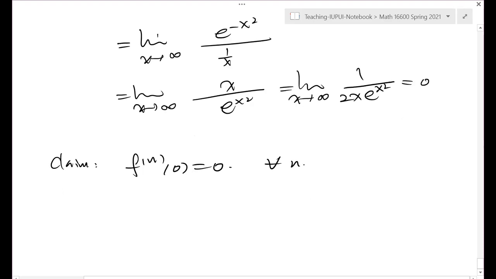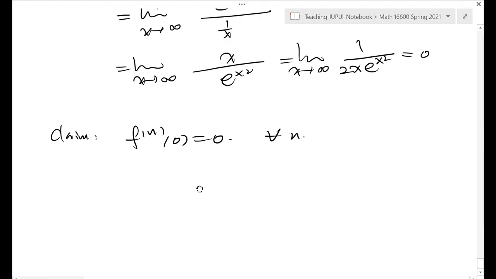That means the Taylor series is going to be identically equal to 0.